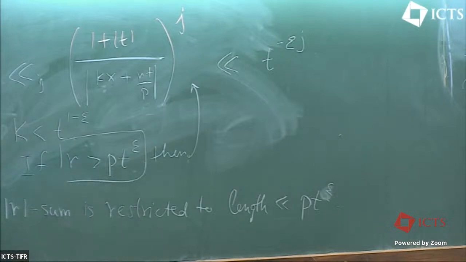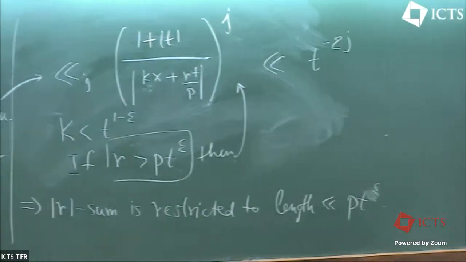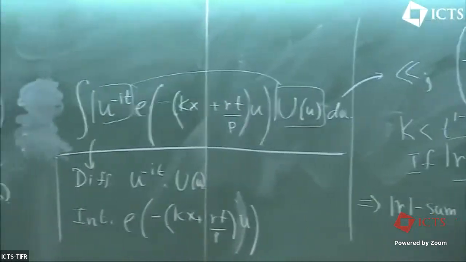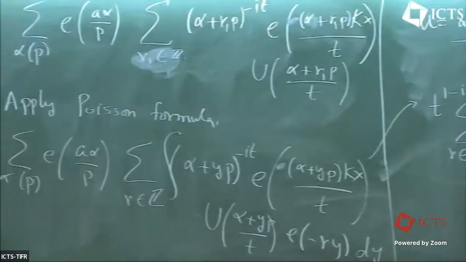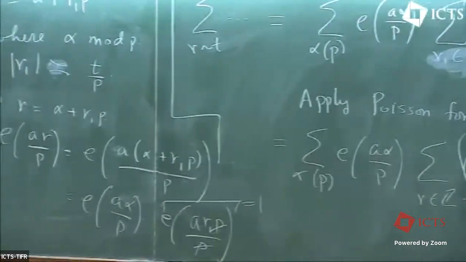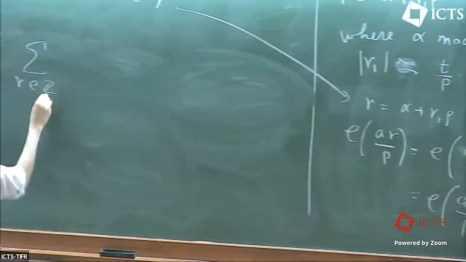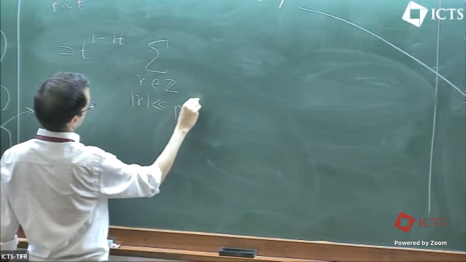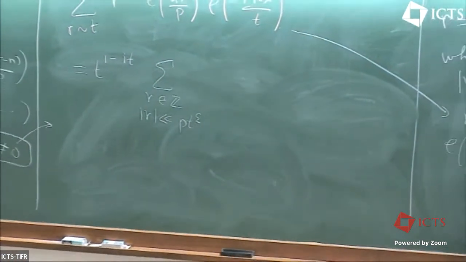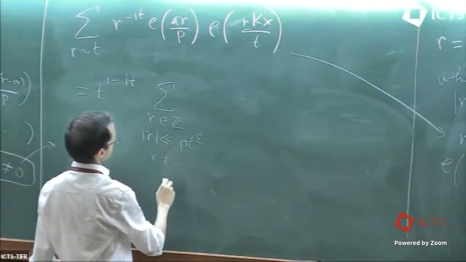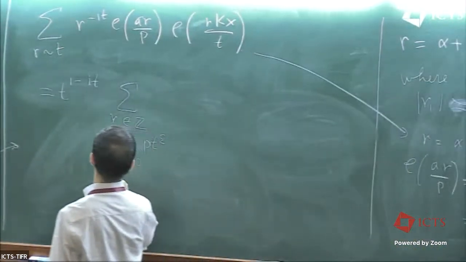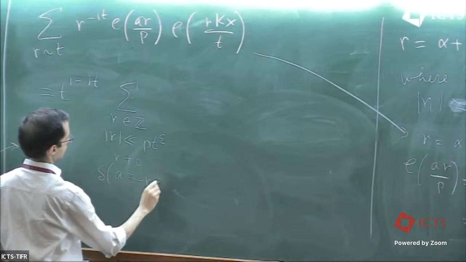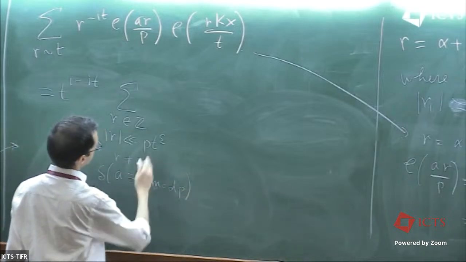Putting all that together, we have this R sum. What that ends up being is that this is equal to t to the 1 minus it, as we had over there. You have an R sum such that the size now goes up to p times t to the epsilon. We have r not equal to 0. And also the fact that you have a congruence condition, A is congruent to negative R mod P. And then you have an integral.